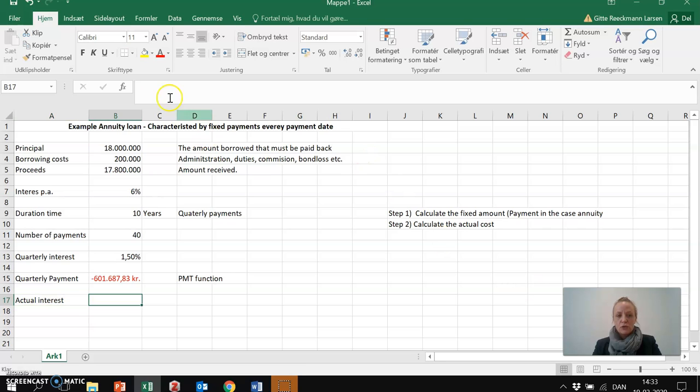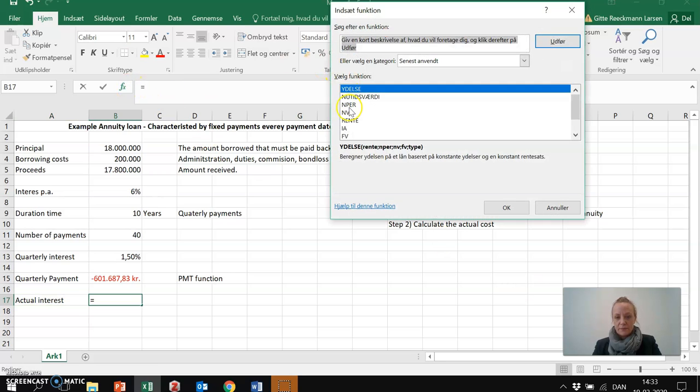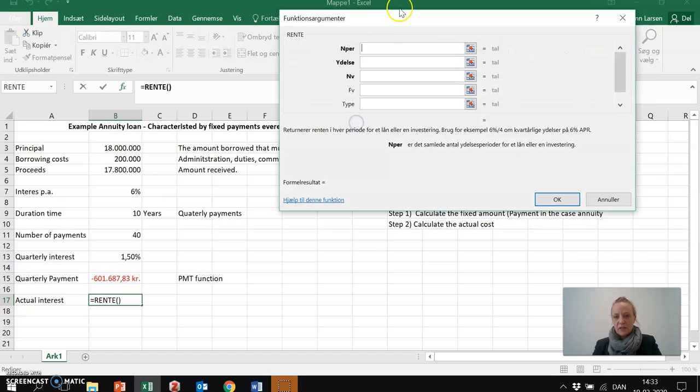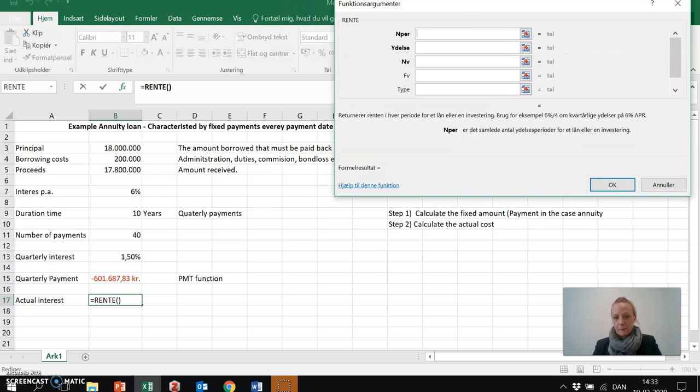For this, you use the function RATE. So go ahead and find the financial function RATE. Again, number of payments, still 40.